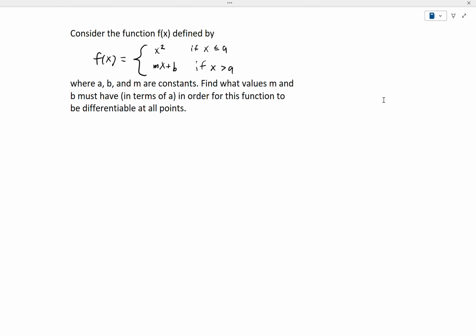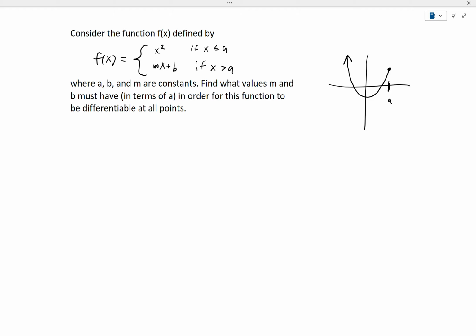Before we keep going, I'm just going to try to get an idea of what's going on. If x is less than or equal to a, we'll just say that a is over here. So that's a. If x is less than or equal to a, it's going to be a parabola. So I'll just draw a parabola and it gets cut off right here, and that point is included.